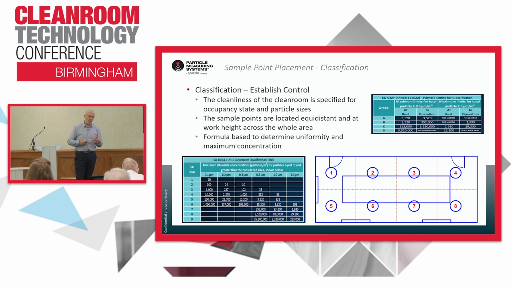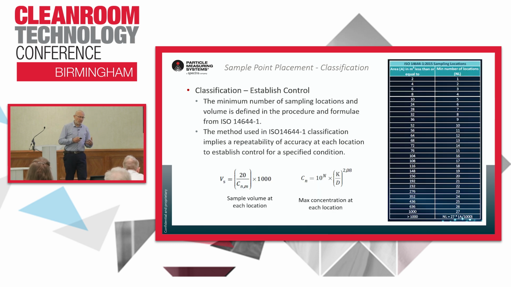So all of the classification is, again, about establishing control, and the sample locations. Again, there's a table within ISO 14644. Depending on how big the room is, it tells us the minimum number of sample locations.